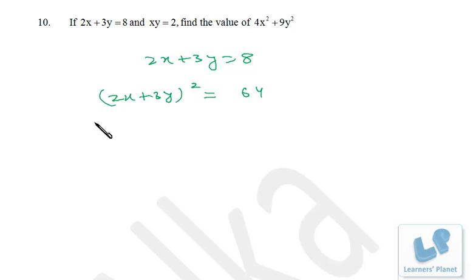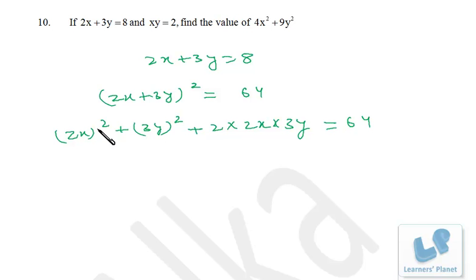Now open it up. So that's (2x)² + (3y)² + 2 × 2x × 3y = 64. Now (2x)² is 4x², plus 9y², plus 2 times 2 times 3 is 12xy.